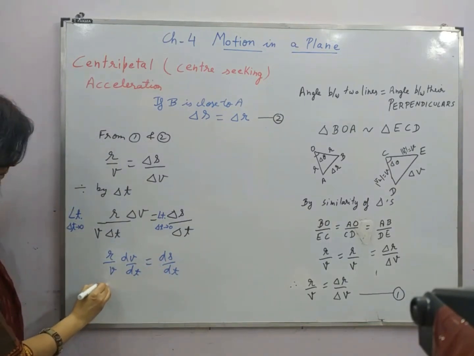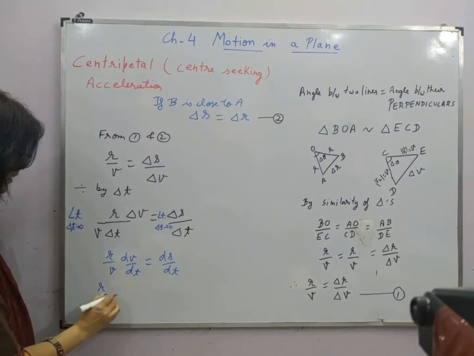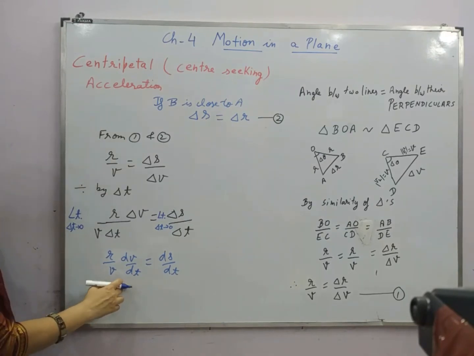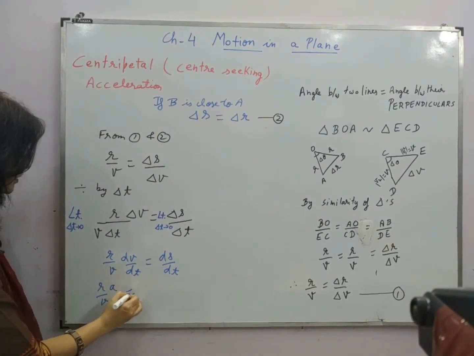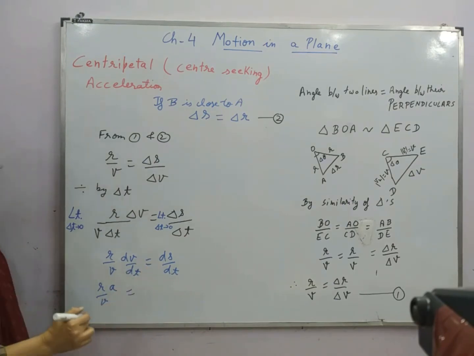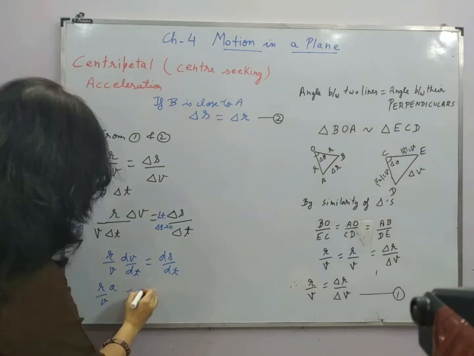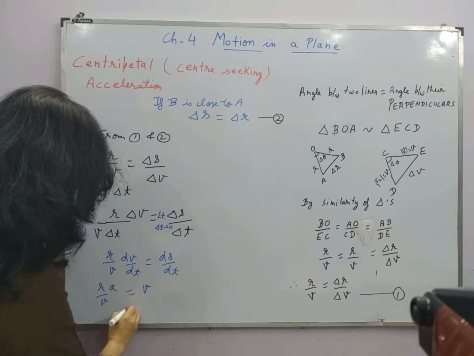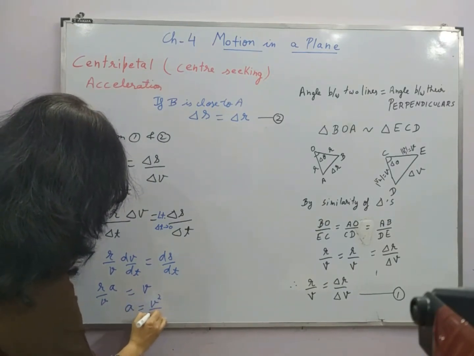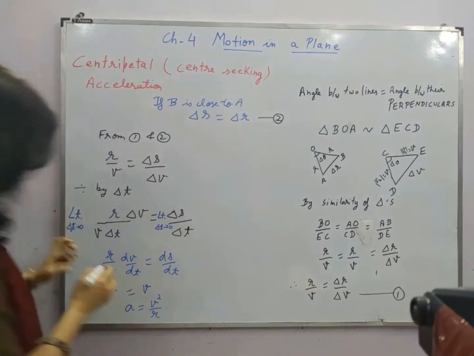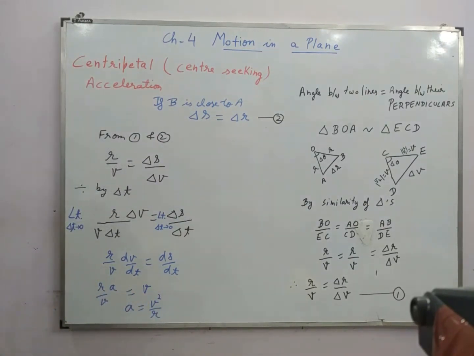Now this is R upon V, and dV upon dt, rate of change of linear velocity, is acceleration. This is equal to ds upon dt, that is velocity, and this acceleration becomes v square upon r, right?